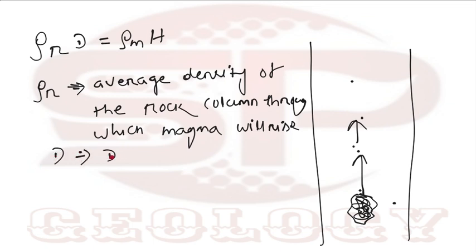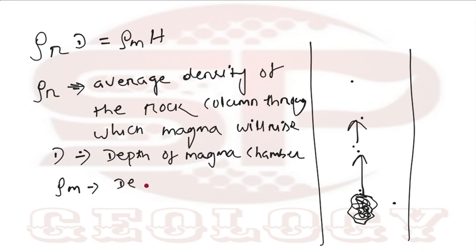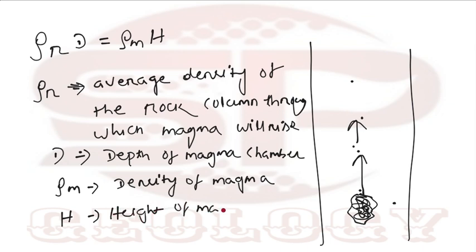D is the depth of the magma. Rho m is the density of the magma. H is the height to which magma will rise.